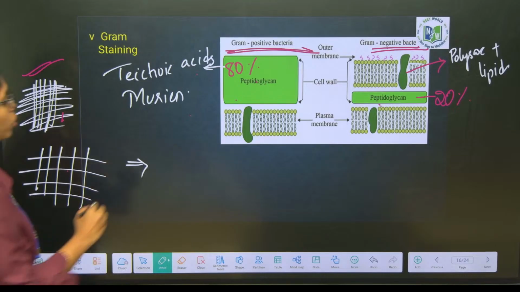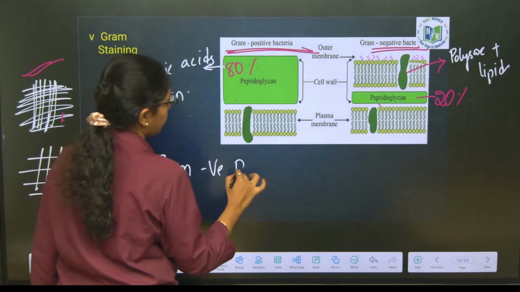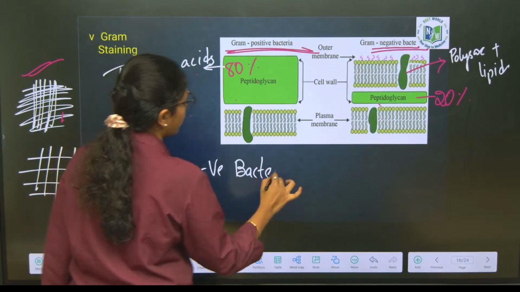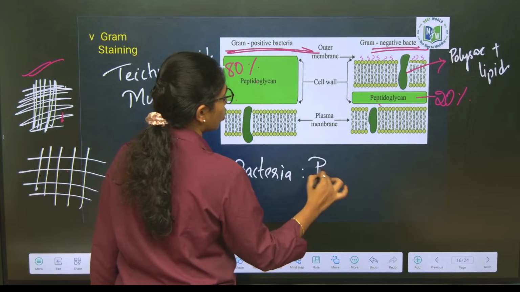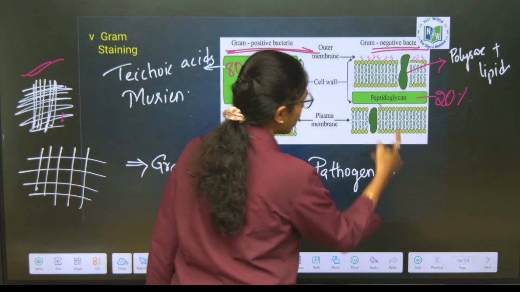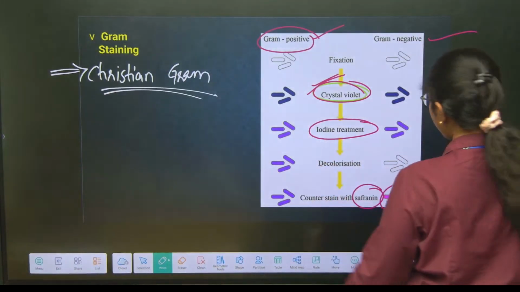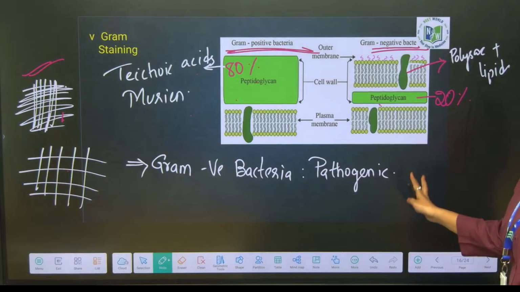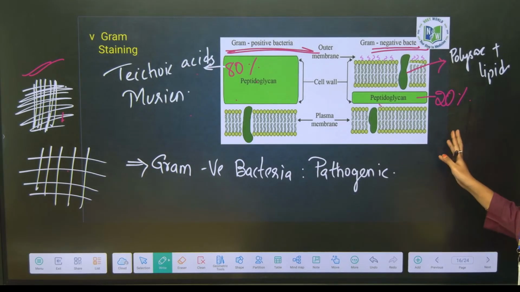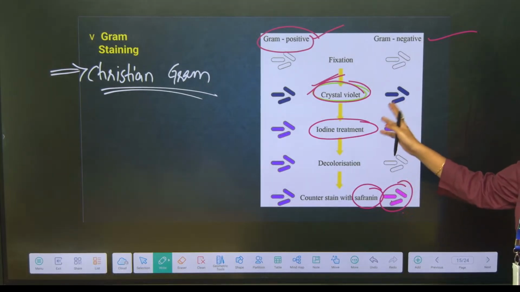Pathogenic bacteria, because of their cell wall. Understood the experiment and understood why gram-negative bacteria are not retaining the color of crystal violet.